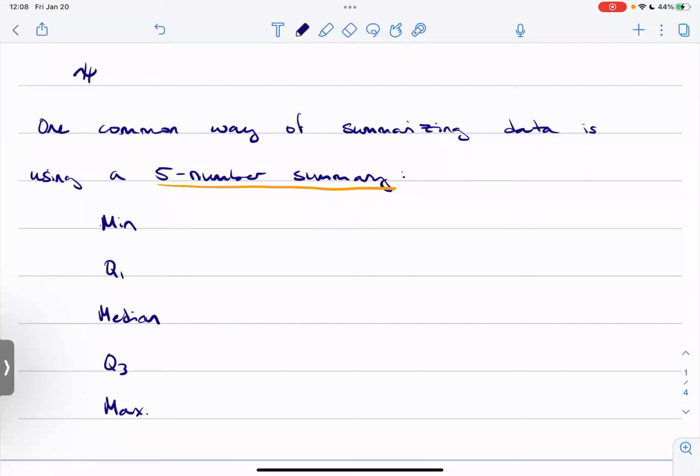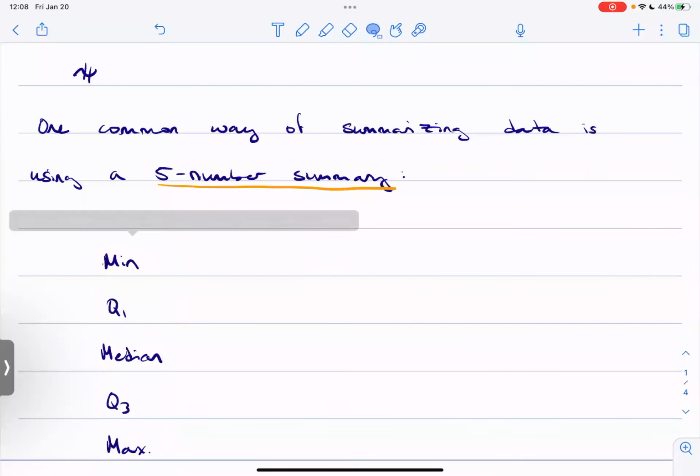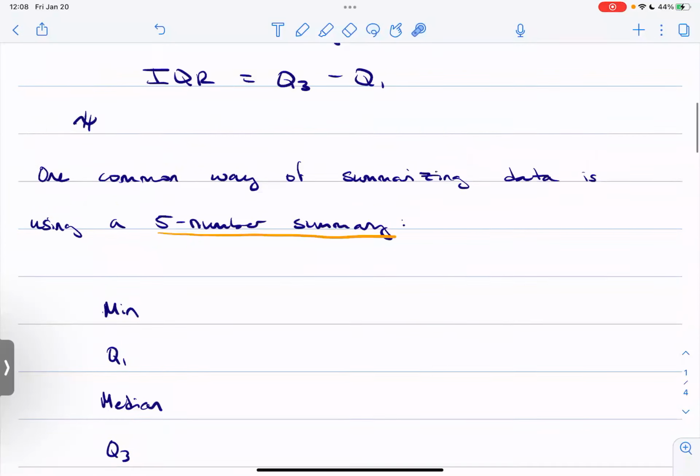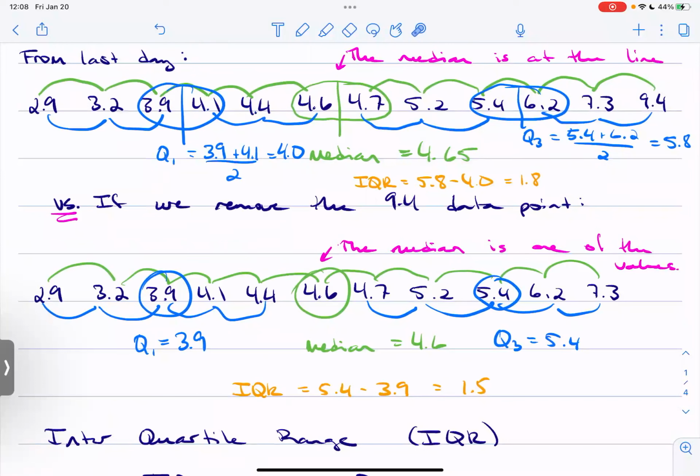Okay. And I'm going to just bump this down one, because what I want to do is the 5-number summary for both of these. With 9.4, without 9.4, does that make sense? I want to summarize the names of these data sets.